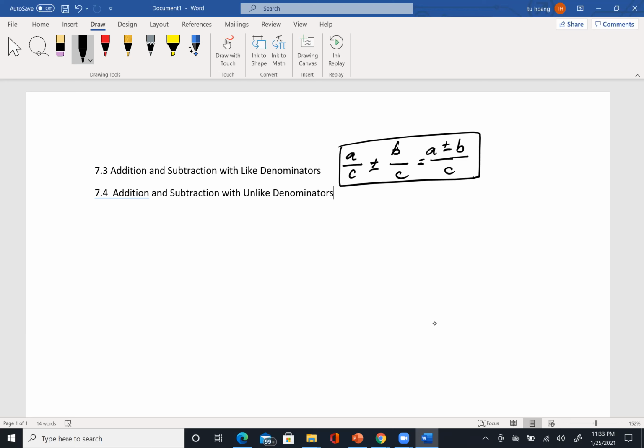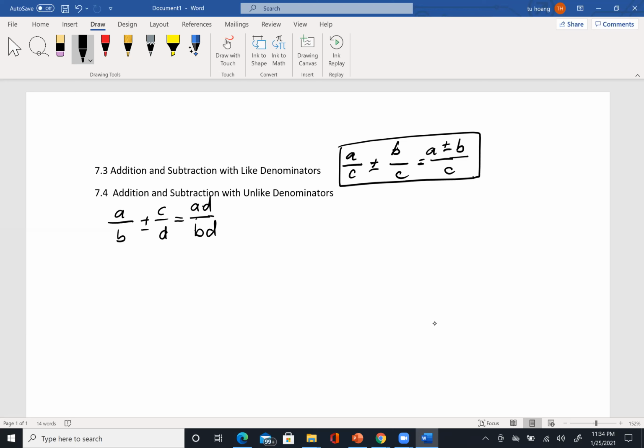Let's say I have A over B plus or minus C over D. Then what should you do? Usually you try to make it become the same denominator, so you would have B times D, and A times D for the first term.